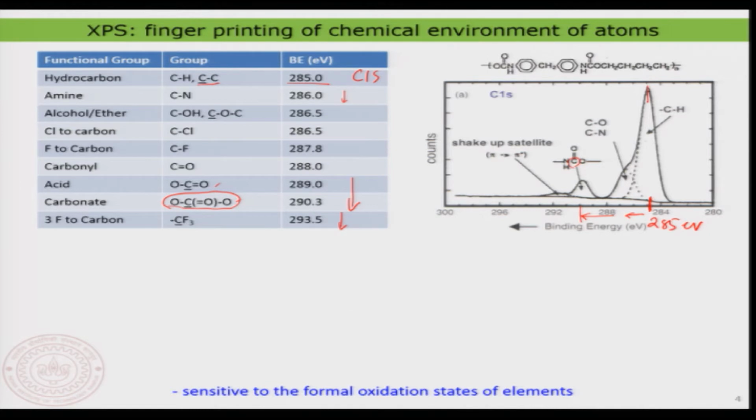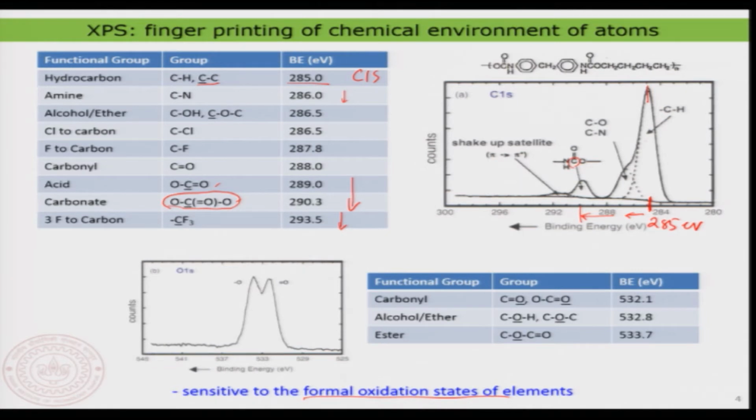Therefore, you can clearly identify the element and also the element's chemical environment, and that is why I say that you can understand the oxidation state, or the formal oxidation state of a given element.